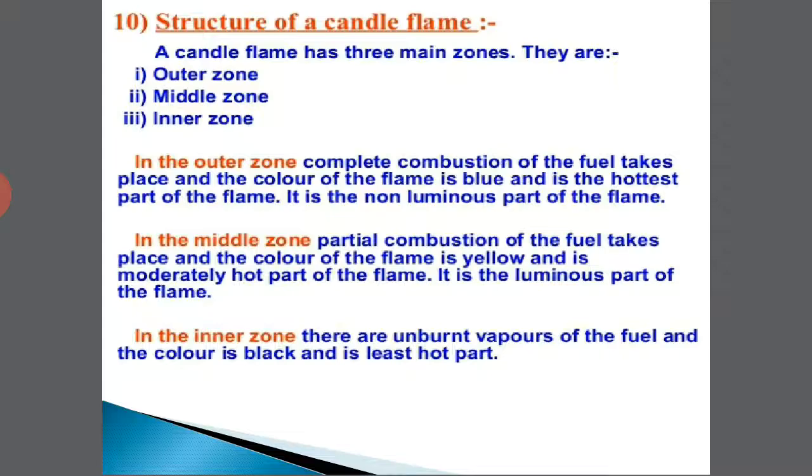So you are advised not to touch any part of the flame. Avoid touching. It can produce harm or injury to you. So just study the different parts of the candle. You can burn a candle, but you will do this under the supervision of your parents only.